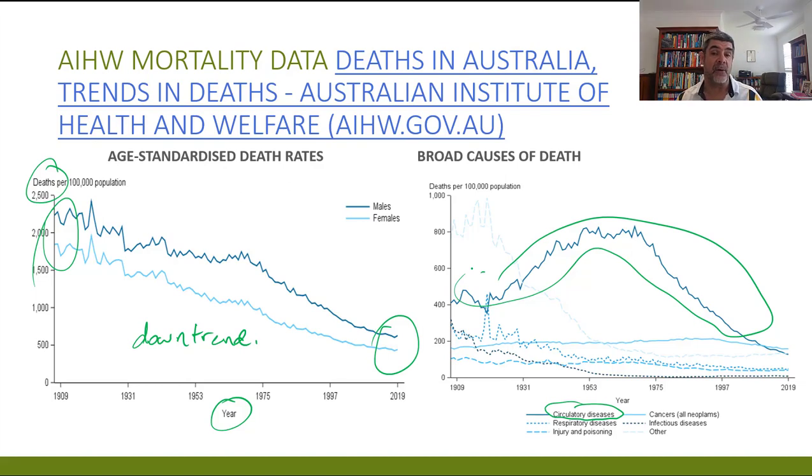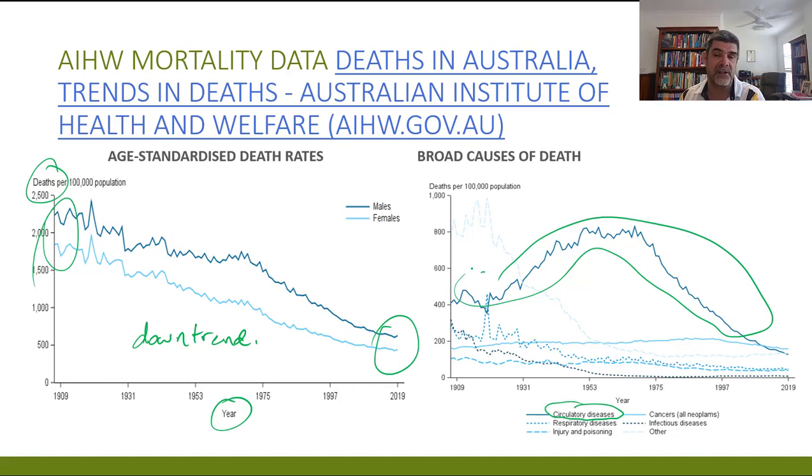Circulatory diseases have dominated. Now, it could well be that everybody dies because their heart stops, and so that's partly, I guess, a link there to a circulatory disease. But there does seem to be some specific types of diseases that have been closely associated with circulatory diseases.